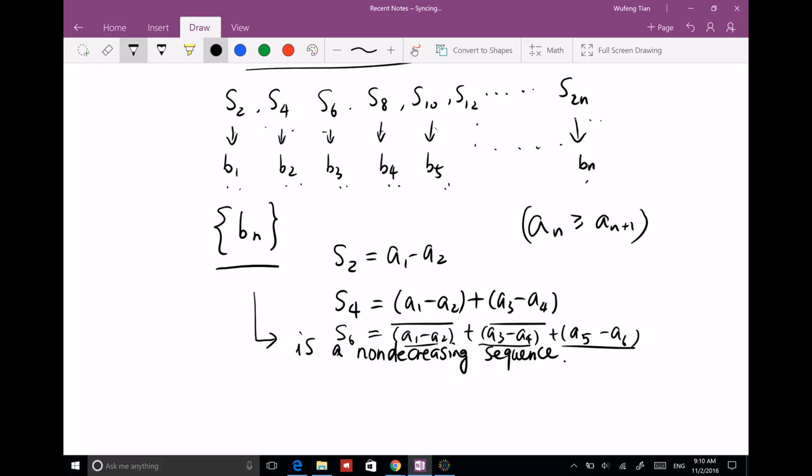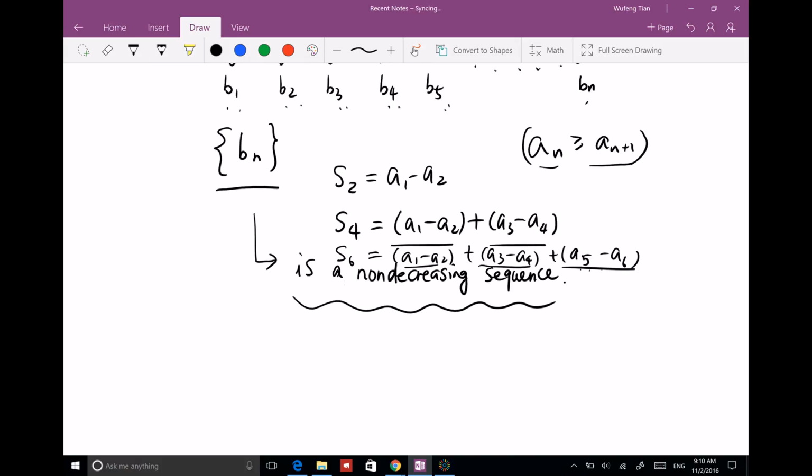So S_8, you are adding another positive thing, which is a_7 minus a_8. This is positive because a_n is bigger than or equal to a_(n+1). So the first term is bigger than the next term. Keep adding something positive makes this sequence non-decreasing. So this is a monotonic non-decreasing sequence.